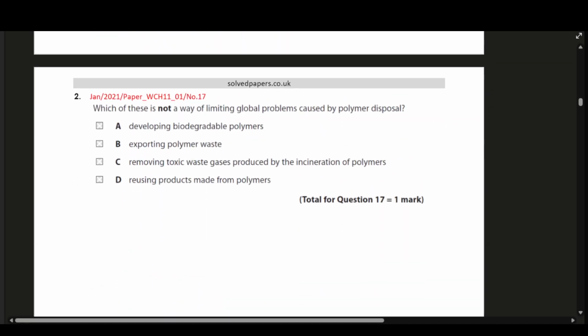All right, moving on to the next part. Which of these is not a way of limiting global problems caused by polymer disposal? Okay, it's not a solution, they say basically. All right, so in this case, what can we say? Simra, can you try this and tell me?